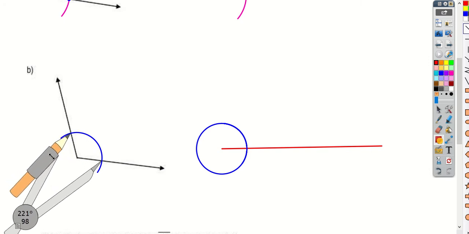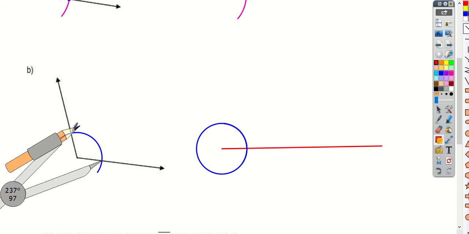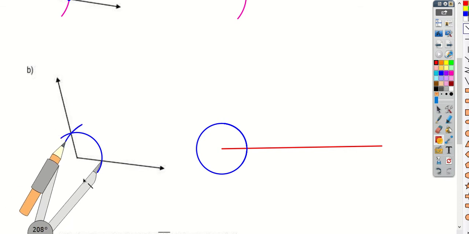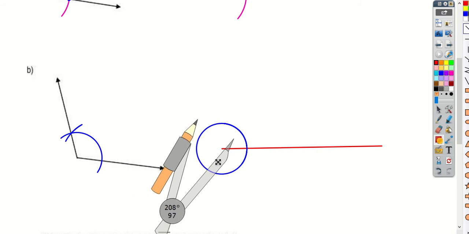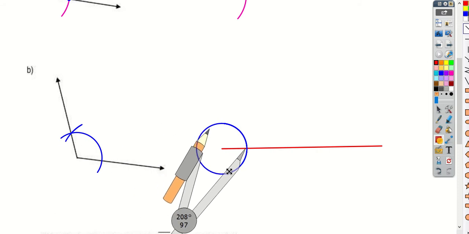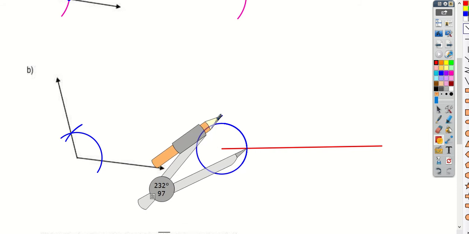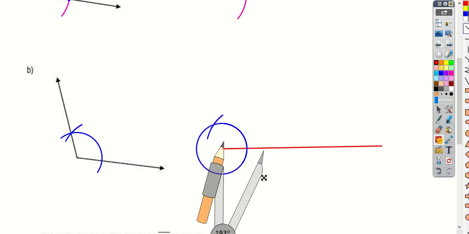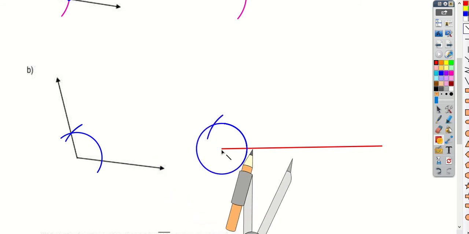Okay? And you can essentially just mark a point right there. That's where we're going. Okay? Slide the compass over to the intersection point of the circle and the ray. We're going to mark off the intersection. And where the 2 circles intersect, we're going to draw our second ray. And there we go. Copy the angle.